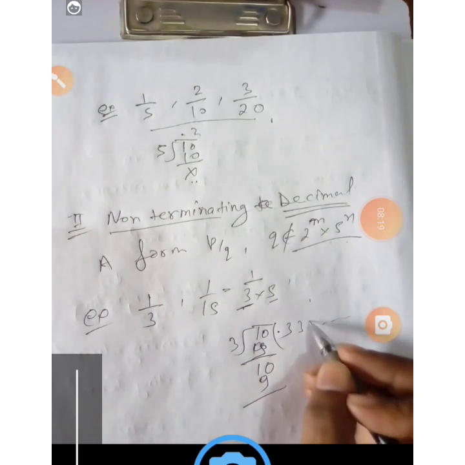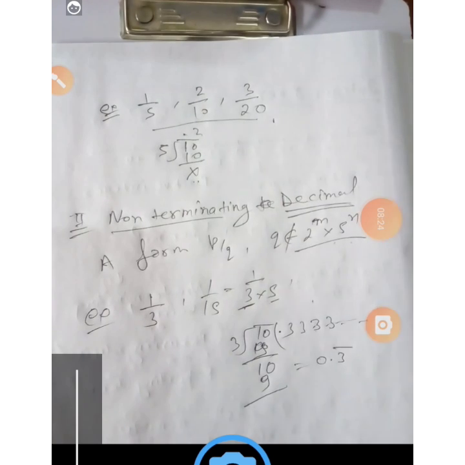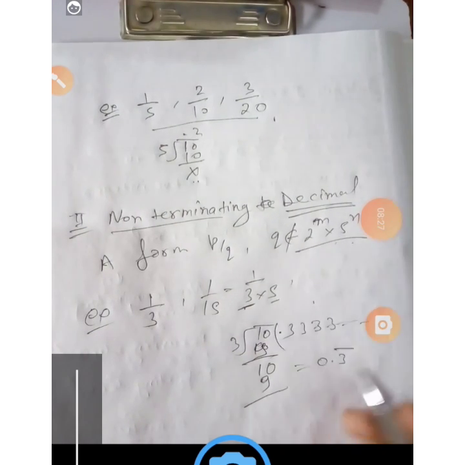So write 0.3 with a bar. This is a non-terminating or repeating decimal, because after some place the digits are repeated.